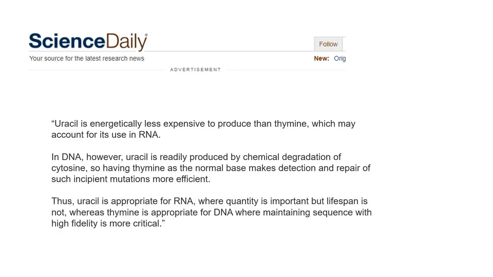So here's an abbreviated answer from Science Daily that basically uracil is energetically less expensive to produce than thymine, but we're going to find that the situation is more subtle and more complex than that. DNA is much less error prone by using thymine than using uracil when it comes to copying itself.